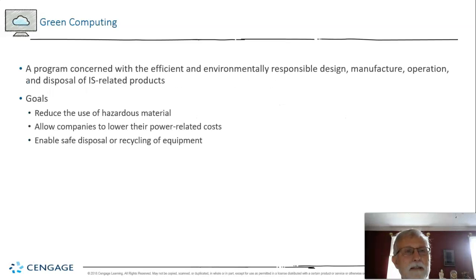Green computing is basically a program considered to be efficient and environmentally responsible in the whole way they run their business. So they're making sure they reduce the amount of hazardous material. It allows companies to lower their power costs, and enables safe disposal and recycling of the equipment they use.